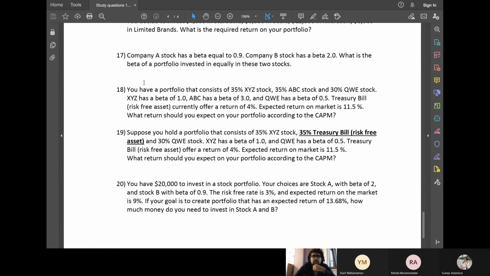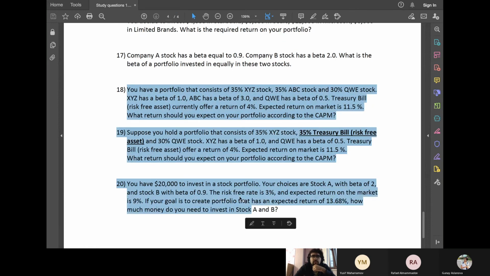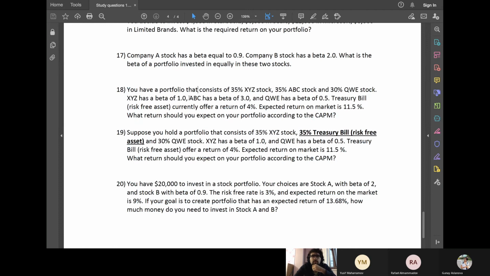So it is a question. We are left with three questions. You have a portfolio that consists of 35% XYZ stock, 35% ABC, and 30% QVA.